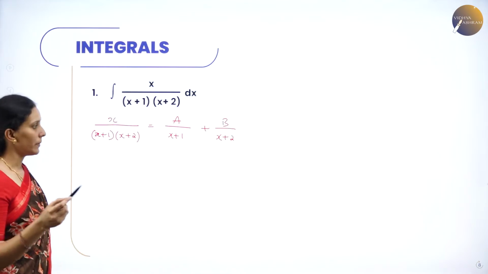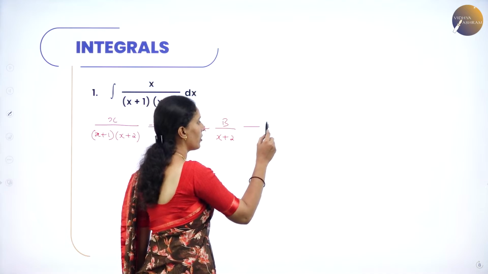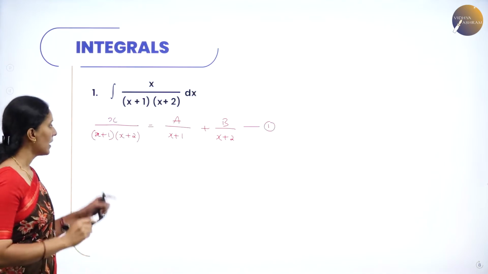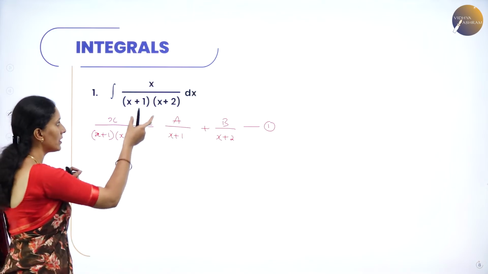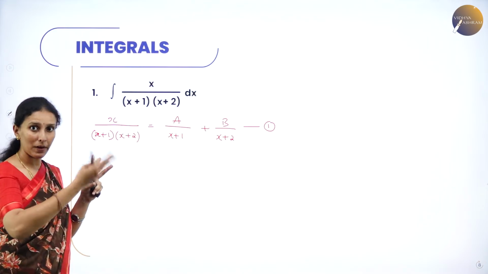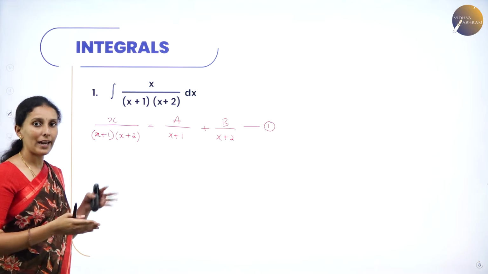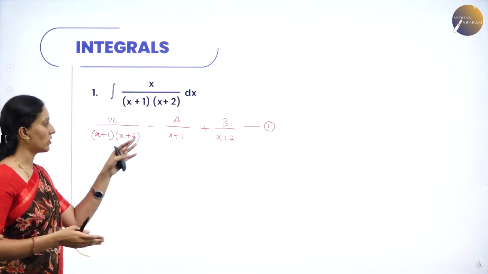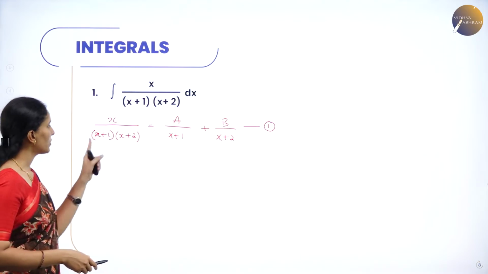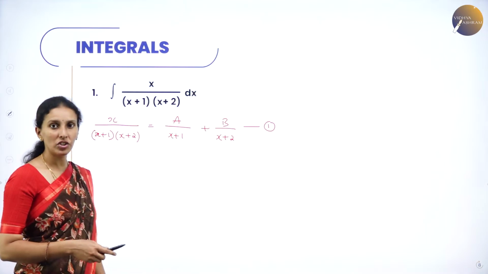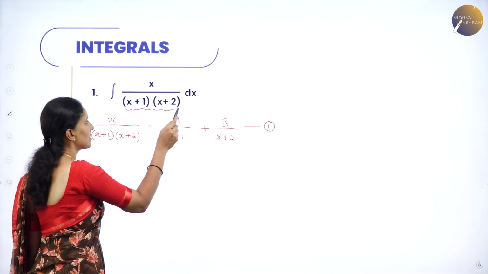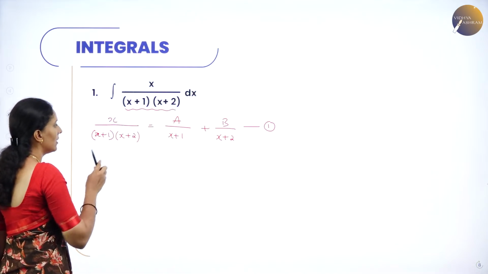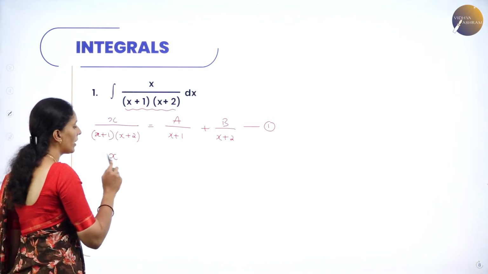Let me take this as equation 1. The next step is to multiply this factor throughout the equation. What is the factor you have in the denominator? Multiply that only. Or you can also take LCM on both sides. When you take LCM on both sides, the same factor you will get, which cancels now. If you multiply these factors here, only the numerator remains.